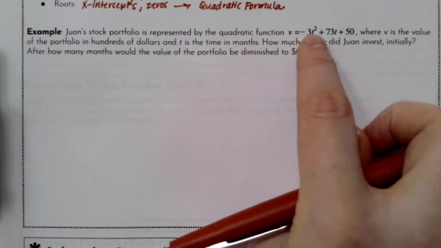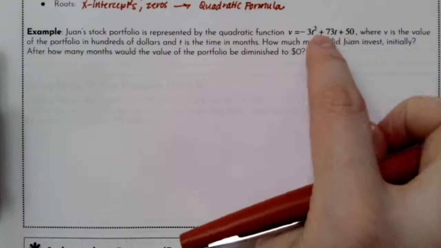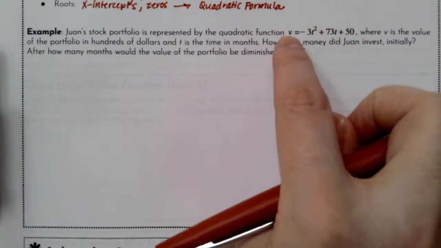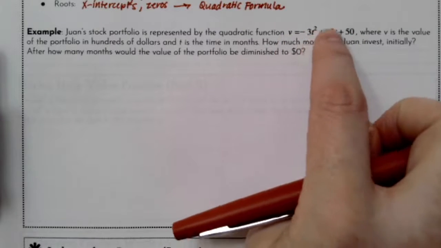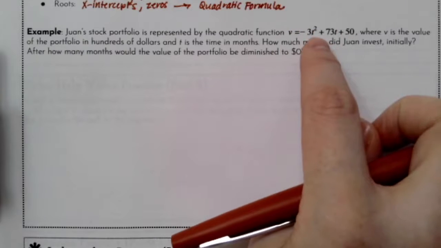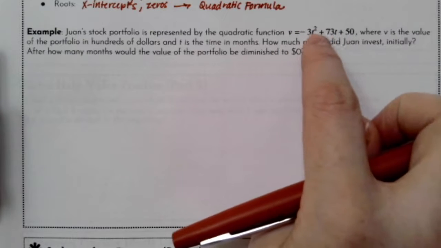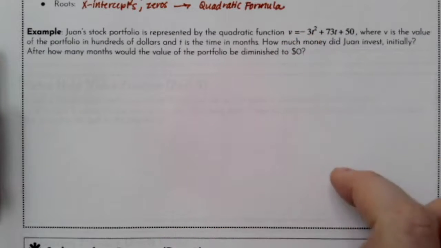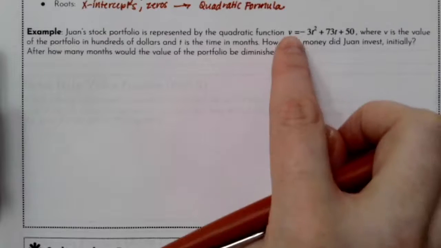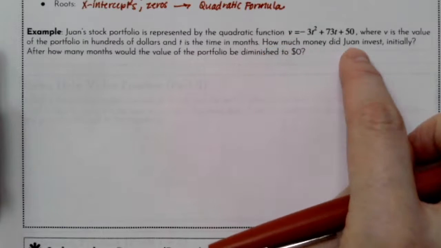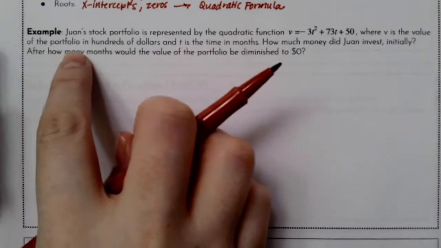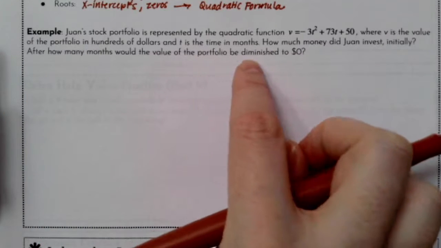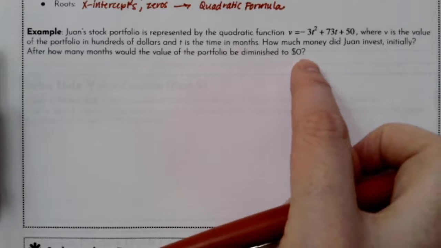So over a certain number of months, we can put in the number of months, calculate it, and that would give us the value of the portfolio. After 1 month, you could plug in 1 and see where it's at. After 12 months, so a year, you could plug it in and see where the value is. Then it says, how much money did Juan invest initially? And after how many months would the value be diminished to $0?